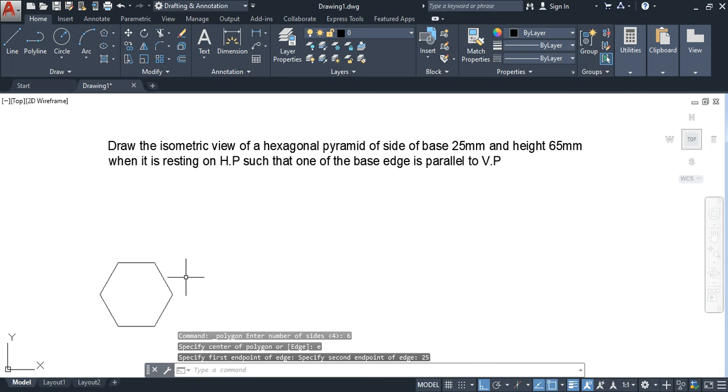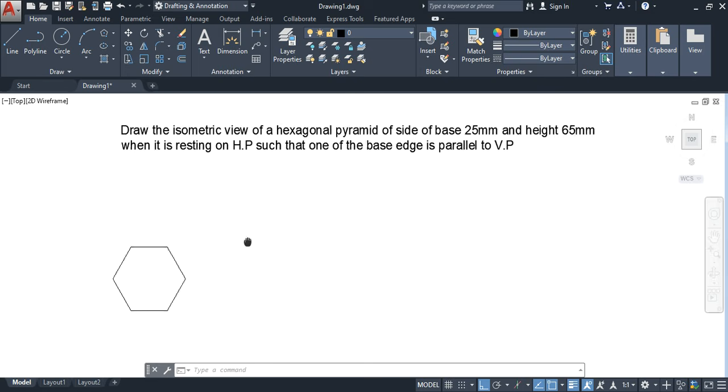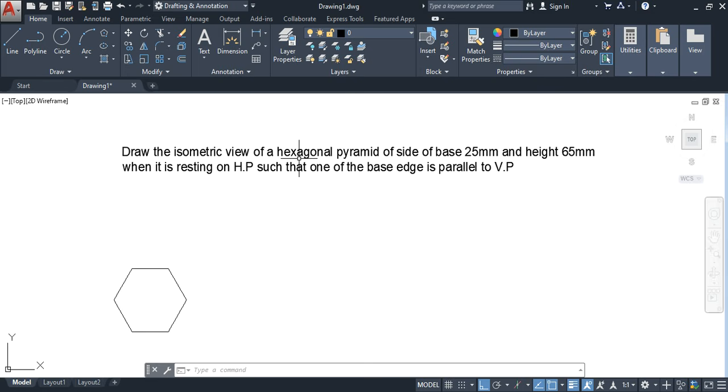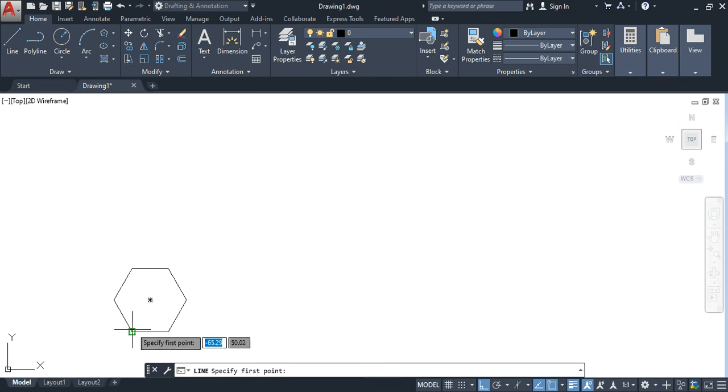Next we have to draw the top view, and because it is a pyramid, we'll get triangles also.